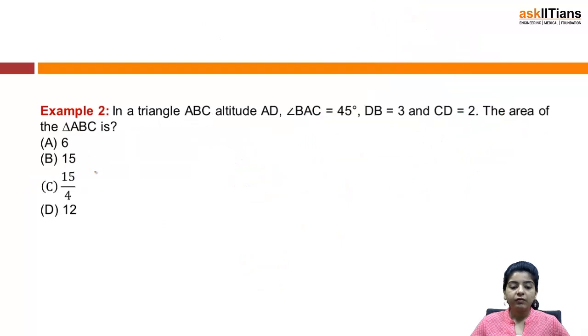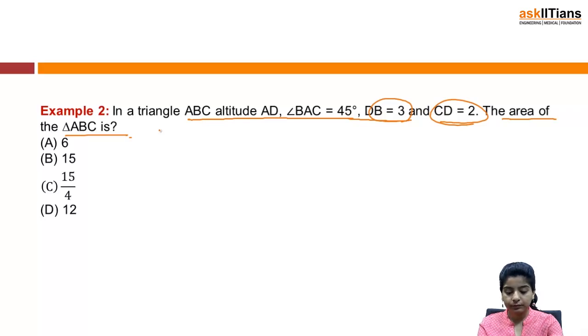The second example that we have is: in a triangle ABC, altitude AD, angle BAC is 45 degrees, DB is 3 and CD is 2. The area of triangle ABC is what? Again, first of all draw the figure. My figure would be something like this.